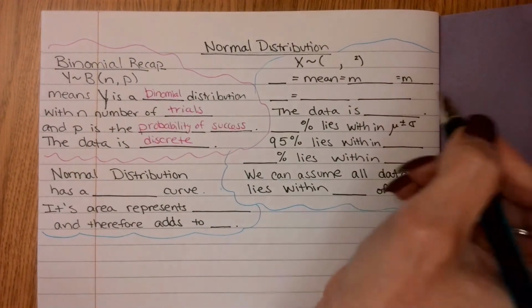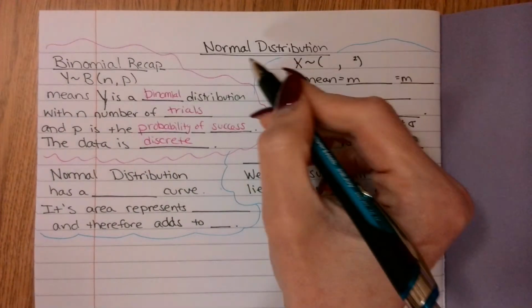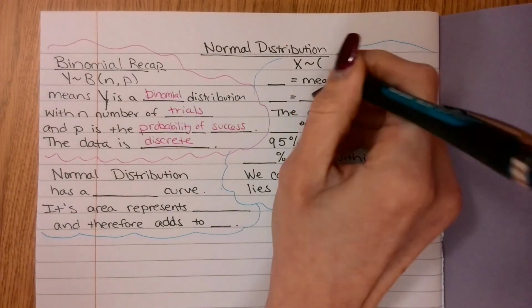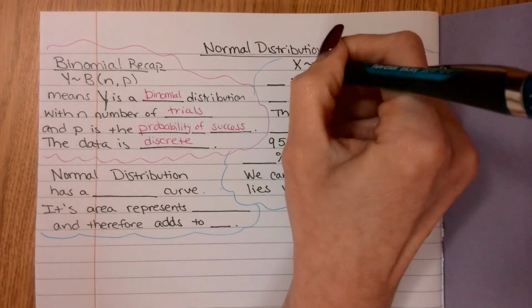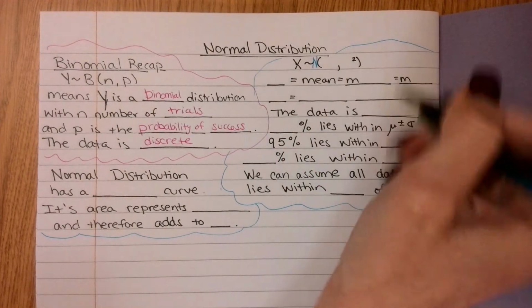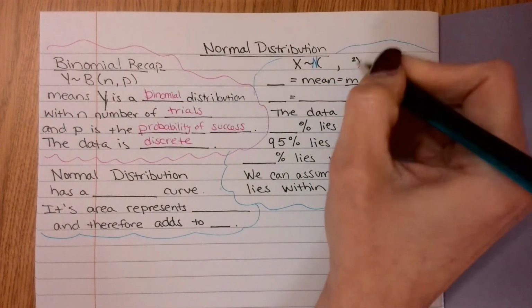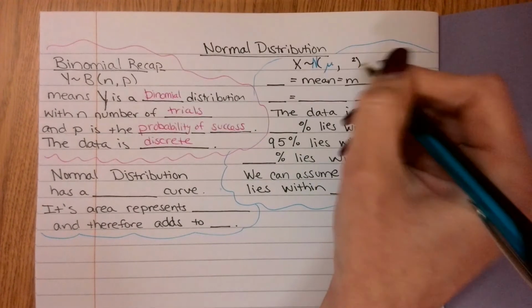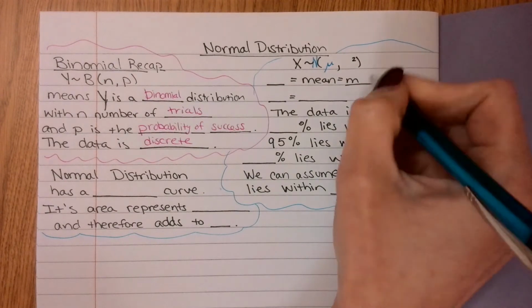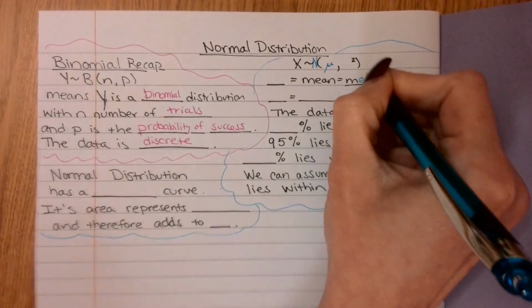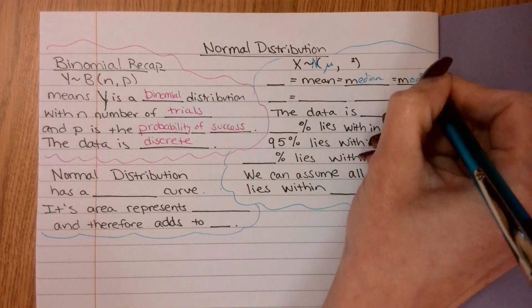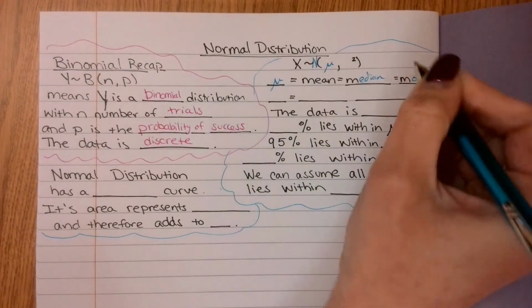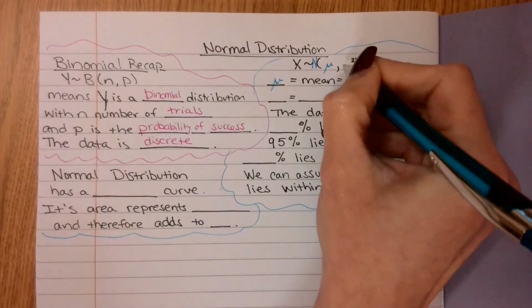The new topic we've been learning is normal distribution, and it is represented by N for the normal distribution, with a mean, median, and mode. Mean, median, and mode of mu, which is our first parameter.